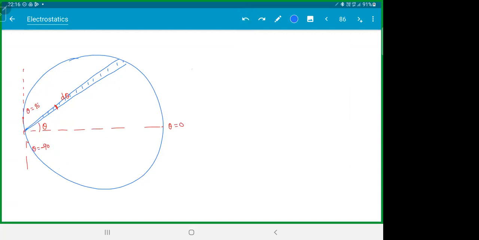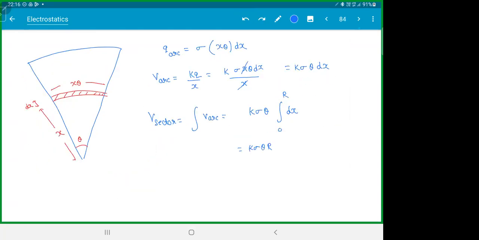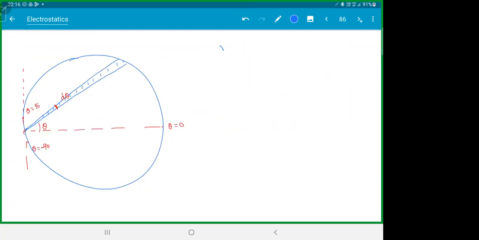Now, for this small sector that we have, just now we derived the formula. What is the potential due to a sector? K sigma theta r. So here the angle will be d theta into r. Small r is this length.